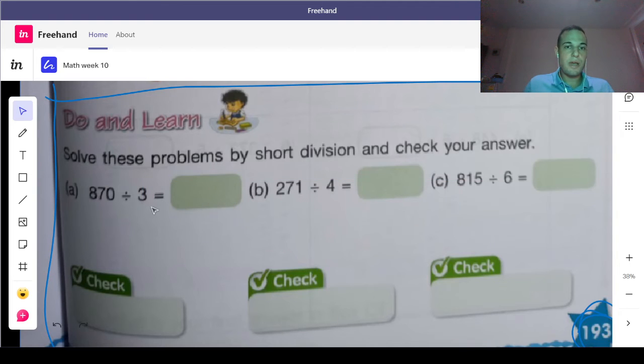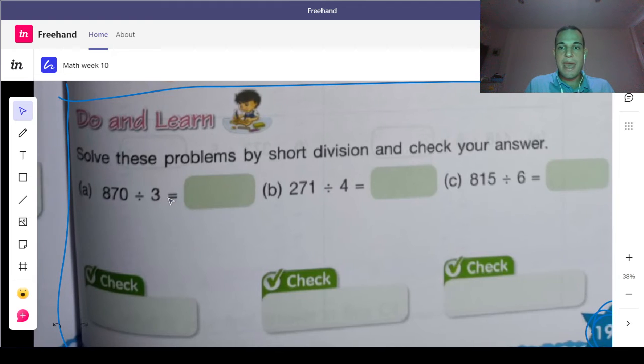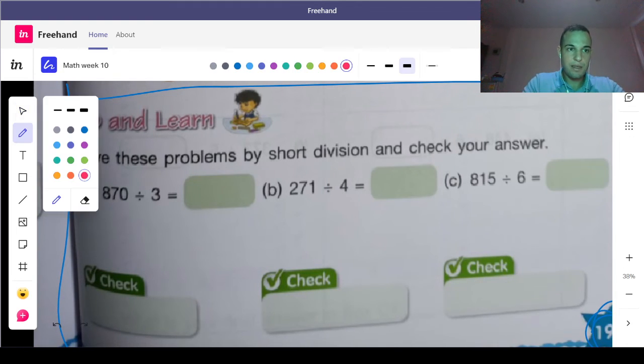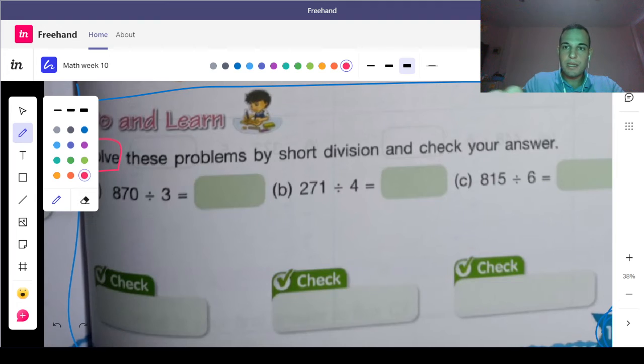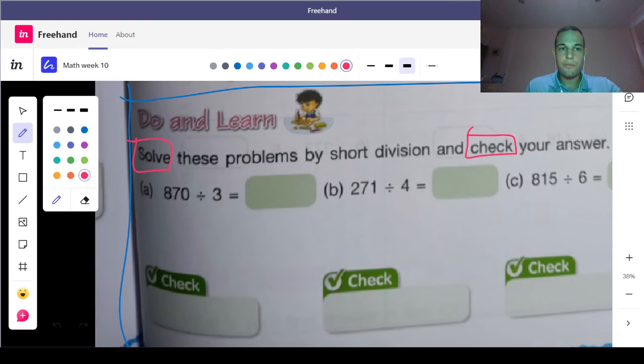Now let's do A, B, and C together. Solve and check. Okay? This says solve and check. So you know how to check. We have to multiply the answer and add the remainder.